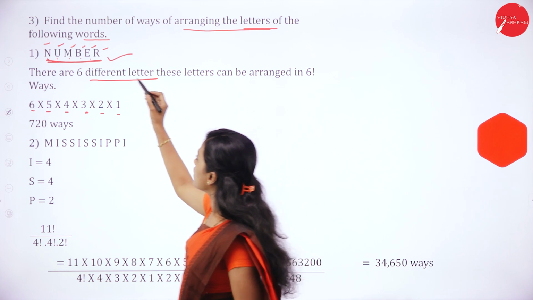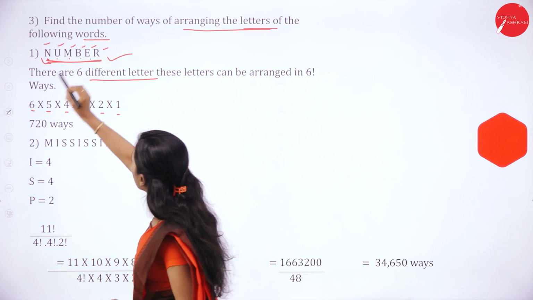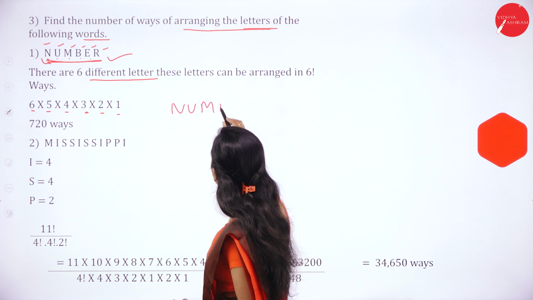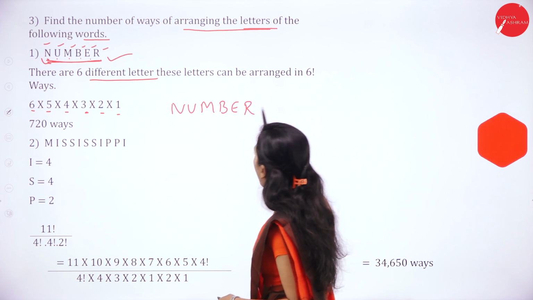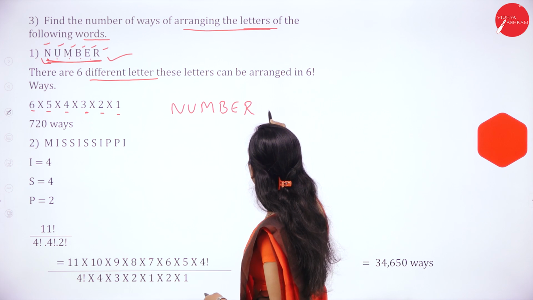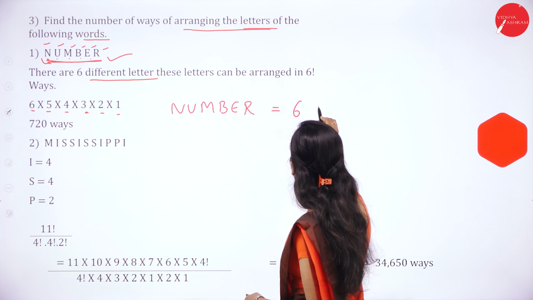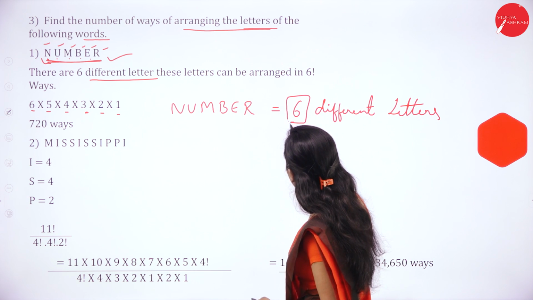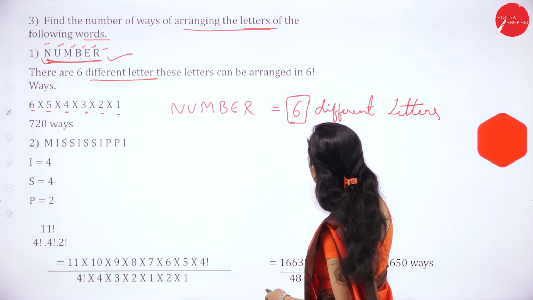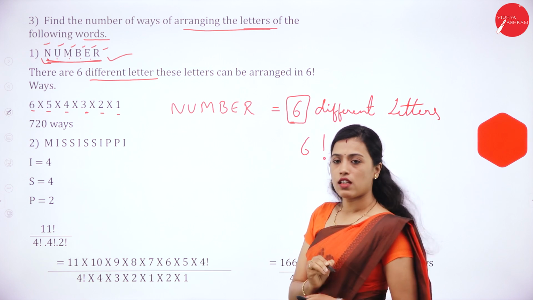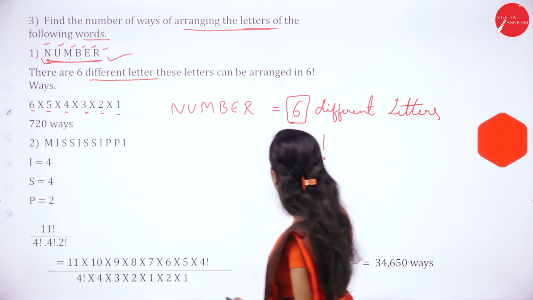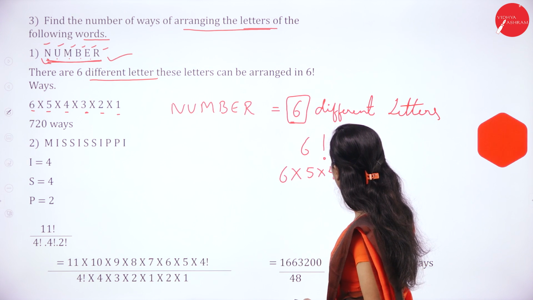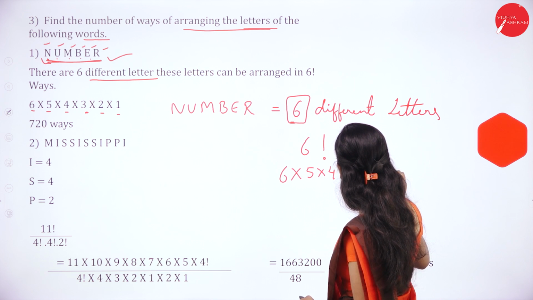I'll repeat. Here they have given the word, that is N, U, M, B, E, R. How many letters are there? Here there are 6 different letters. 6 different letters can be arranged in 6 factorial ways. 6 factorial means what? 6 factorial means 6 into 5 into 4 into 3 into 2 into 1.